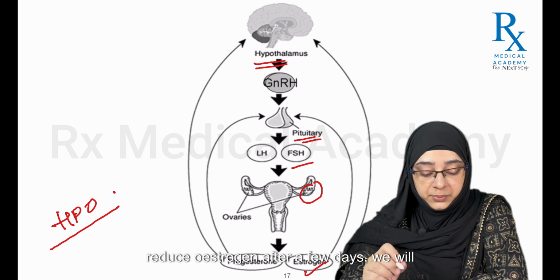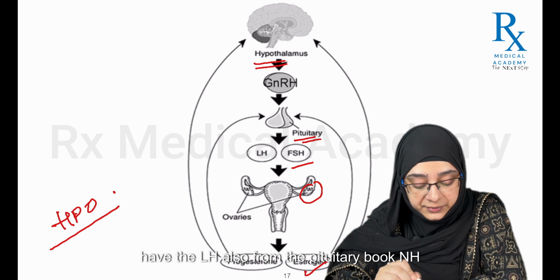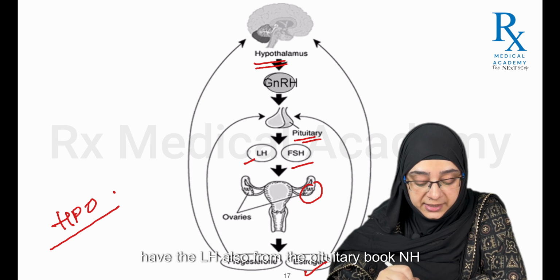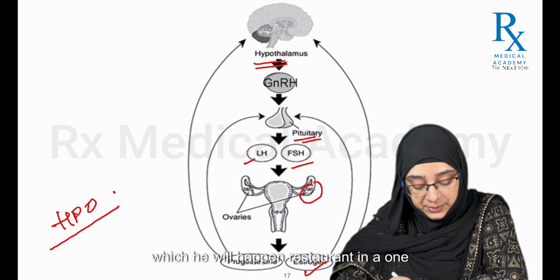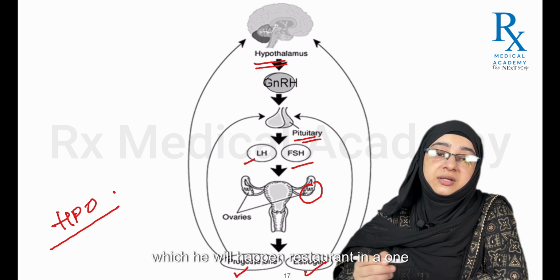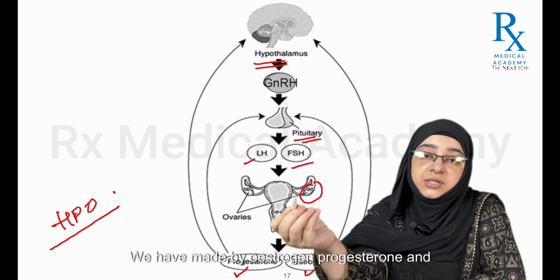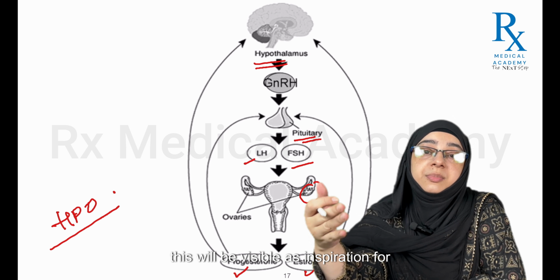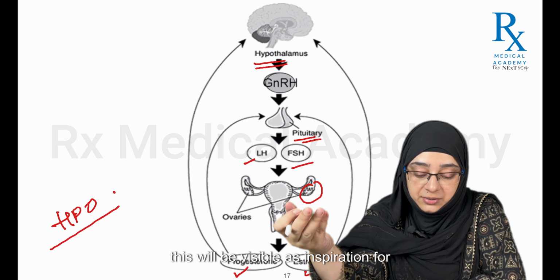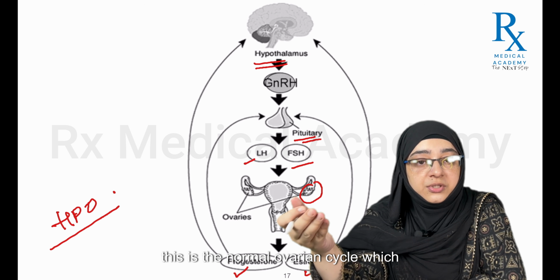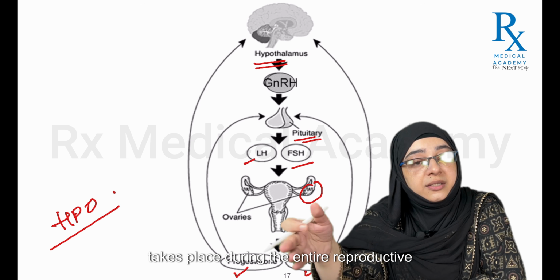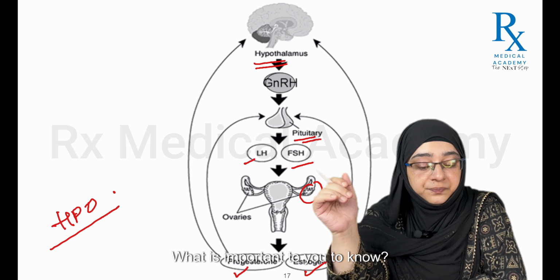After a few days, we will have the LH also from the pituitary. This LH will cause ovulation, after which we will have progesterone. And then one fine day, we'll have neither estrogen nor progesterone, and this will be visible as menstruation. So this is the normal hypothalamic pituitary ovarian cycle which takes place during the entire reproductive lifespan of the female.